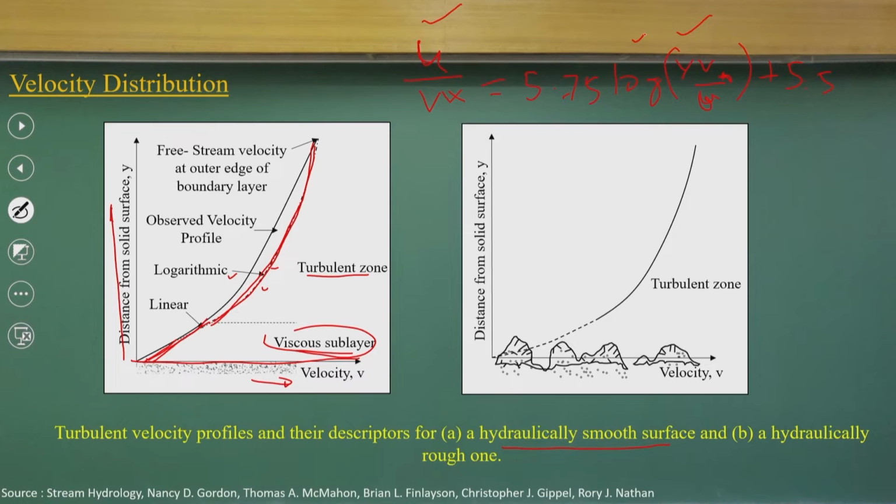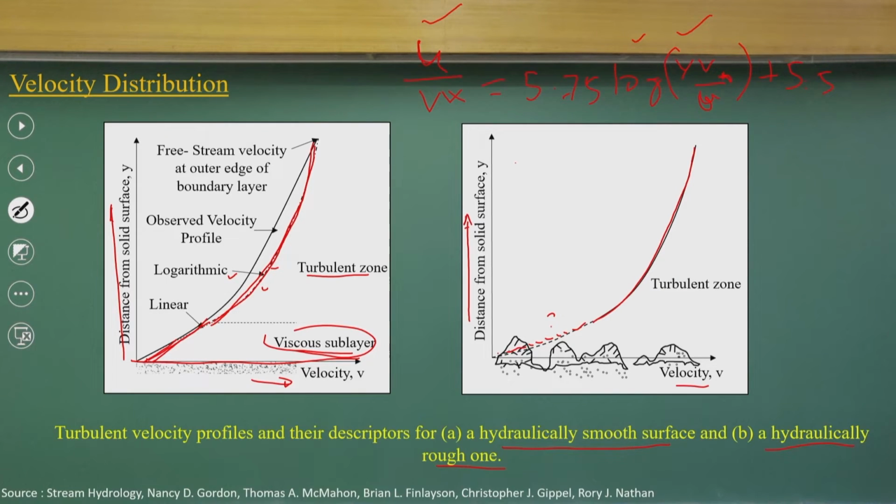But in the case of hydraulically rough zones, as we have discussed, there is no laminar sublayer, and closer to the boundary the velocity distribution is predicted as a logarithmic profile of velocity versus y. That is the hydraulically rough case.